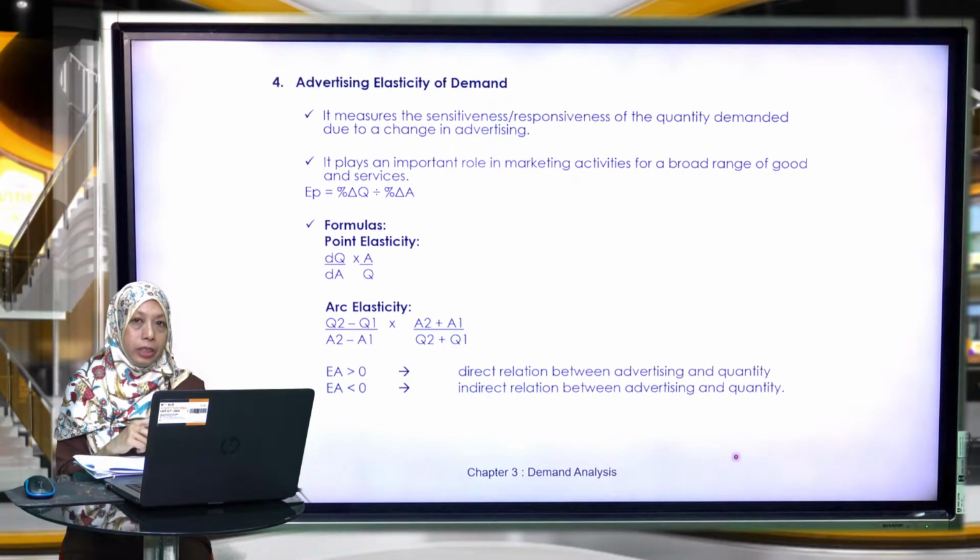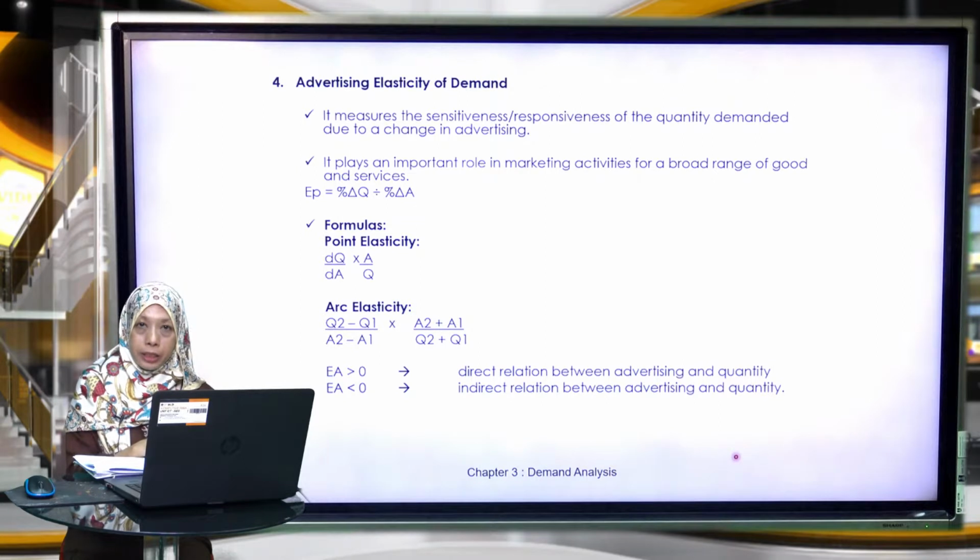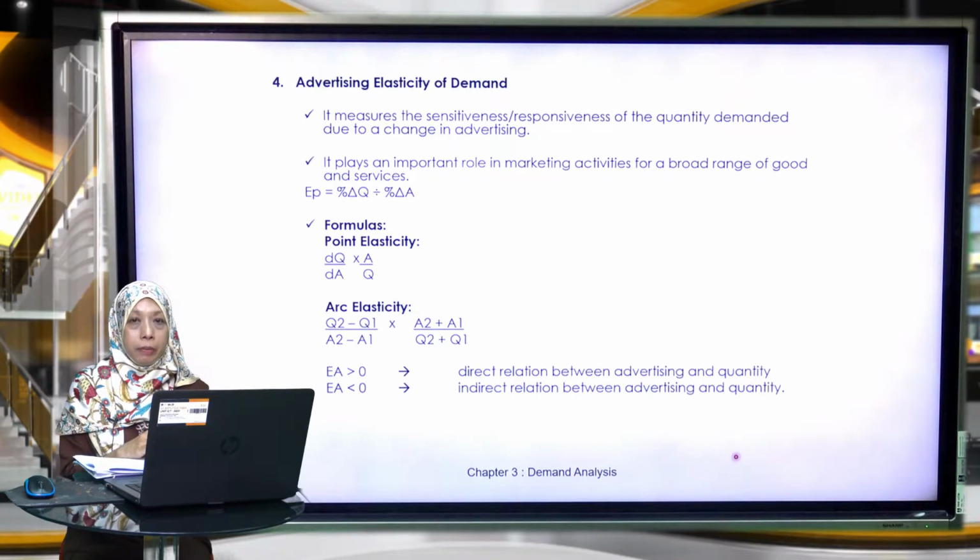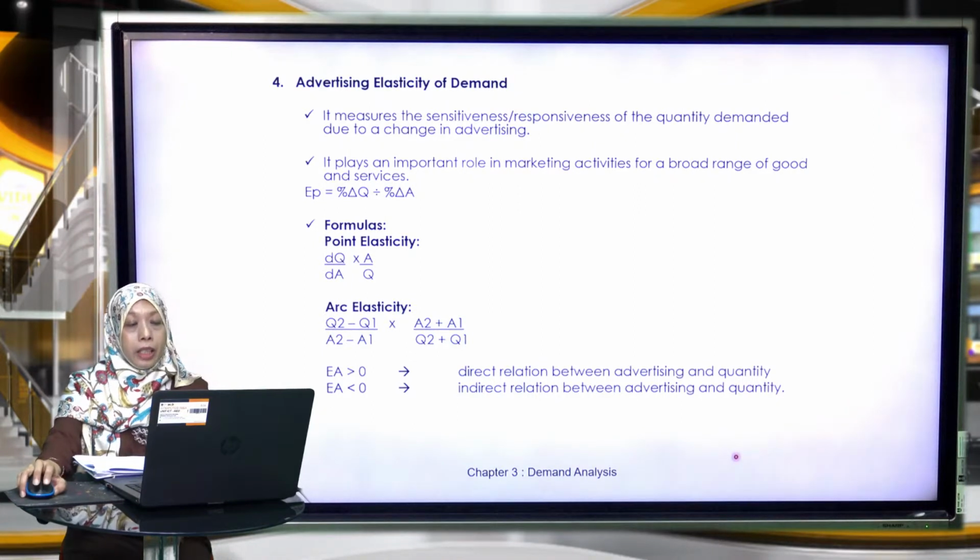Price elasticity of demand allows you to see how sensitive demand is to a change in price. Income elasticity of demand allows you to determine how sensitive demand is when income changes. Cross elasticity of demand looks at how sensitive demand for one product is when the price of another product changes. And the last type, advertising elasticity of demand, allows you to see how sensitive demand is when advertising expenditure changes.